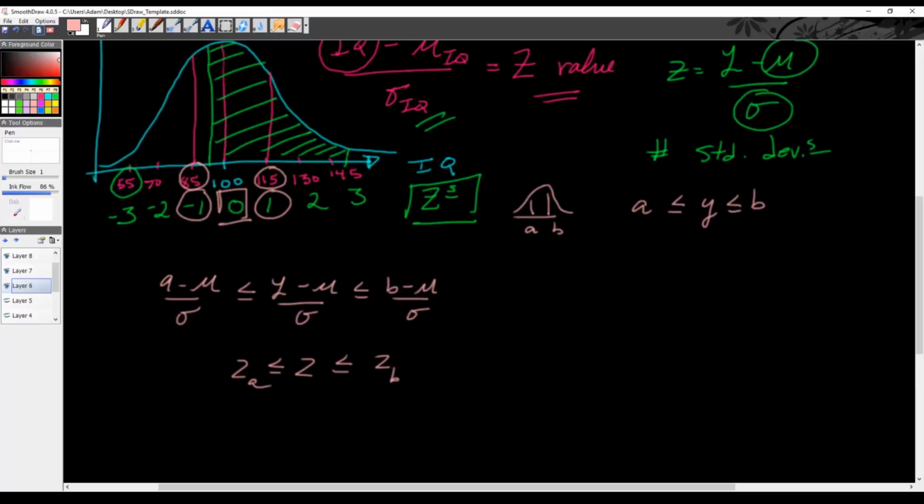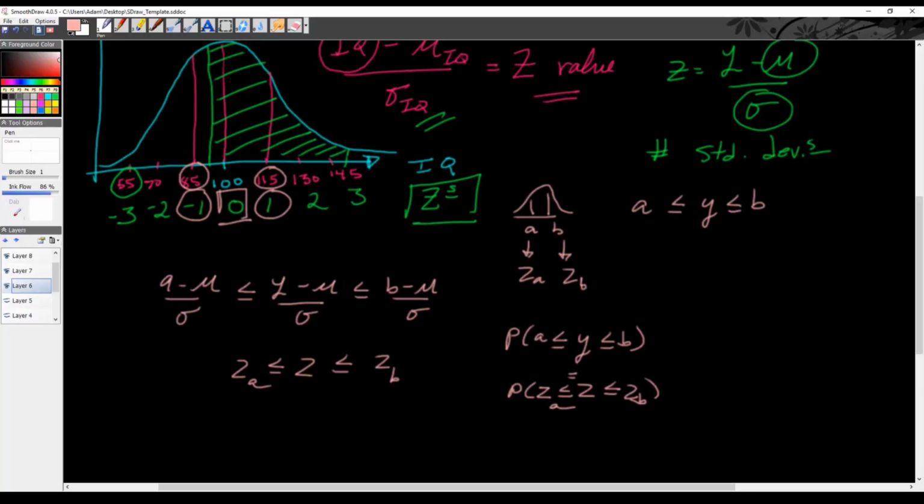So z sub a is the z value corresponding to point A, and z sub b is the z value that corresponds to point B. So we know that the probability of observing a y value less than or equal to b but greater than or equal to a is exactly equal to the probability of observing a z value less than or equal to z sub b and greater than or equal to z sub a.